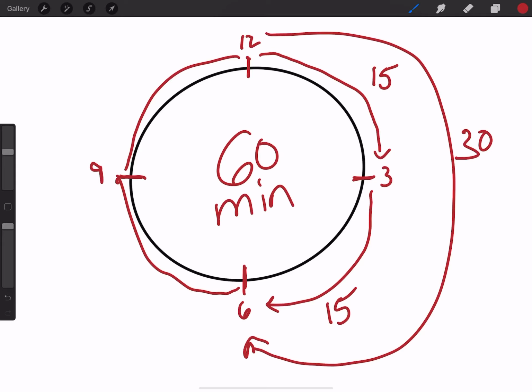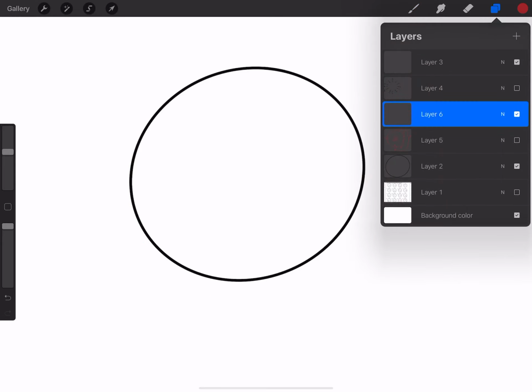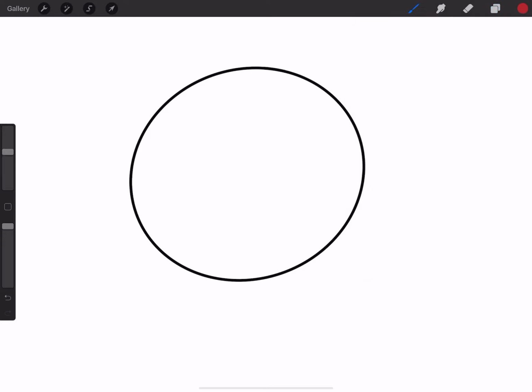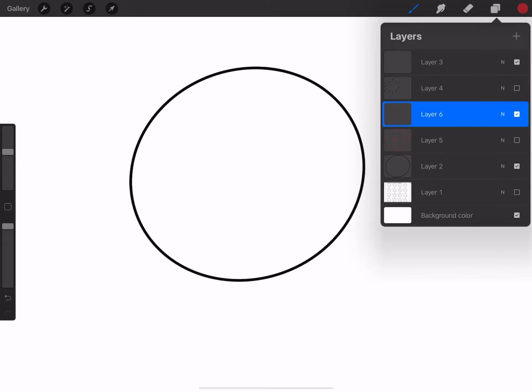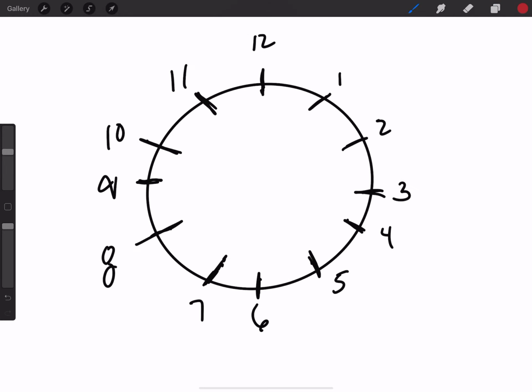Okay? Now, you're probably wondering, how do you get 12 and 3, 6, 9, all that stuff? Well, let me show you. What's important to know is that your clock is also split up into a total of 12 pieces.